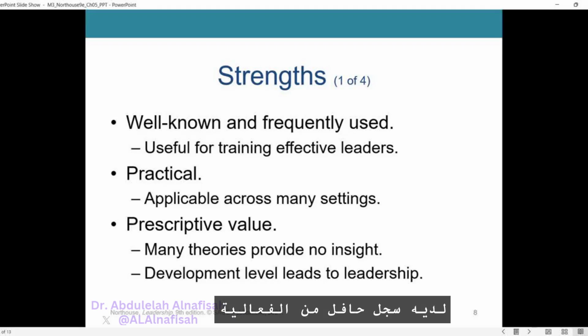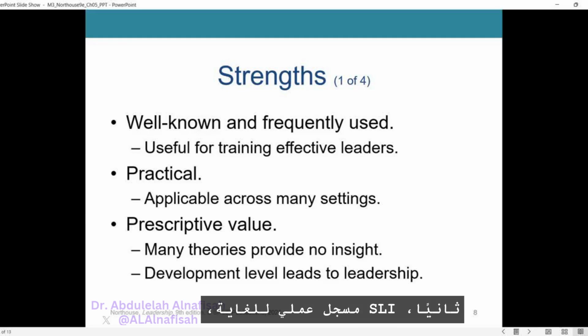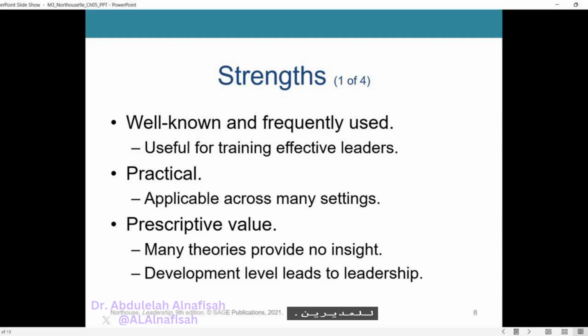Firstly, it has a proven track record of effectiveness in the business world, with over 400 Fortune 500 companies utilizing it in leadership training programs. Secondly, SLII is highly practical, being straightforward and easily applicable across various contexts, making it accessible and understandable for managers.